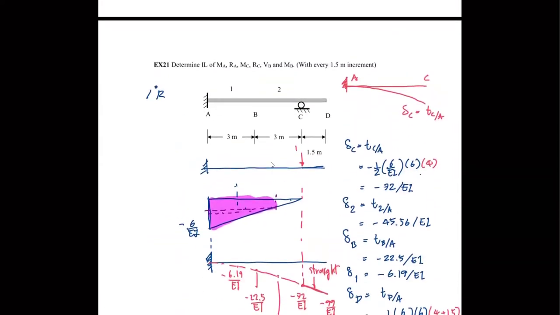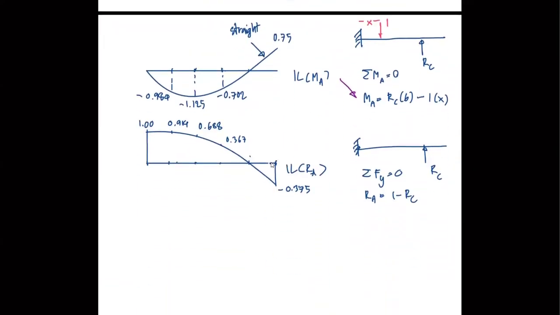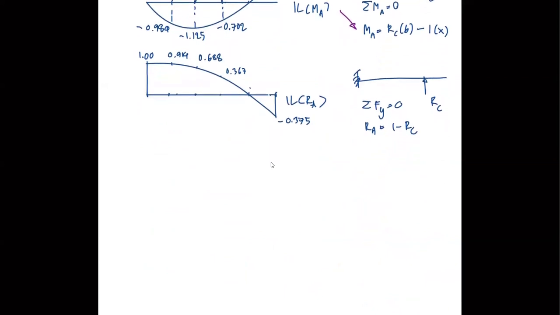MA is done, RA is done. MC, you know, it has nothing to do with this being indeterminate or not, because the only way that you can have moment at C is when your load is somewhere around here, right? If you can recall what you've done before. So MC would just look like the influence line you have done before.